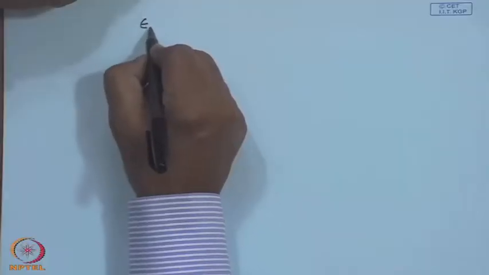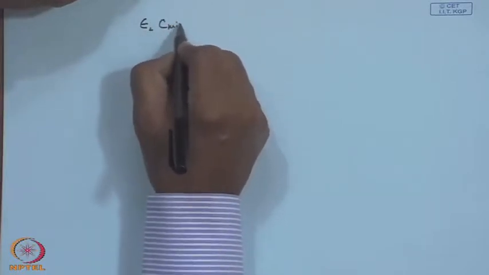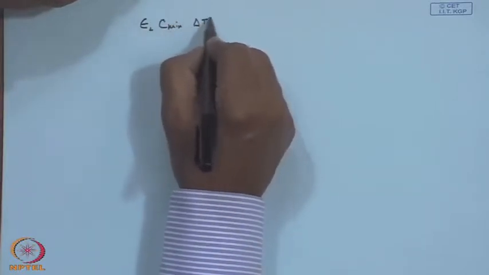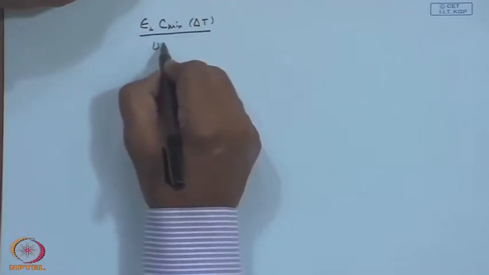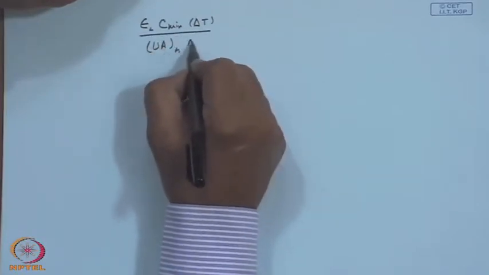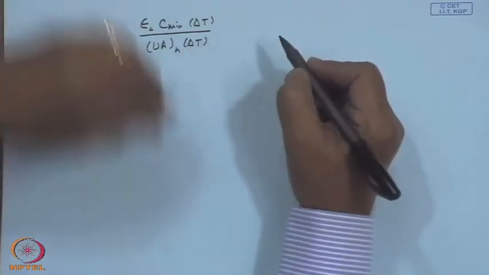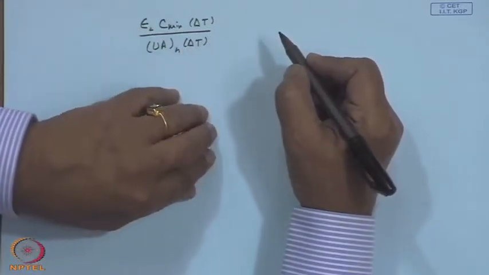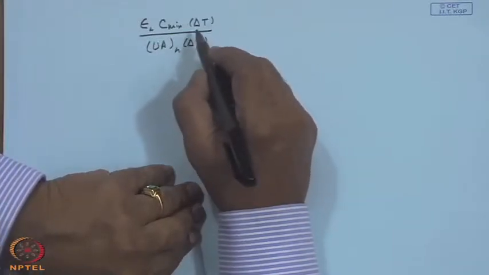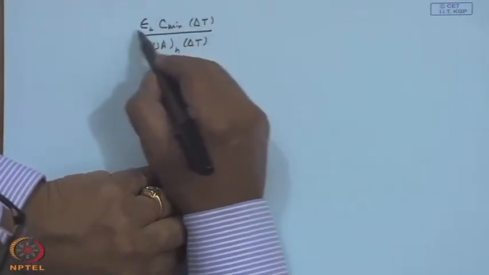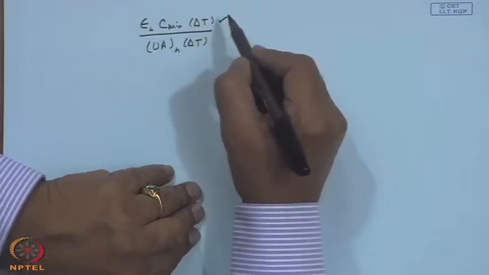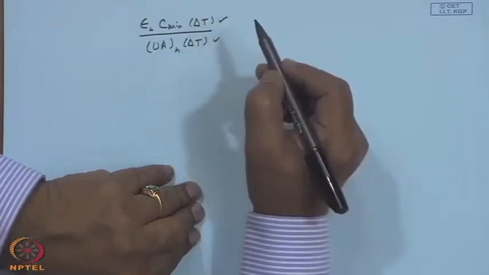First of all, if I put epsilon L C minimum and some delta T by UA H times some delta T, note that the delta T relevant for calculating the space heating load is not the same as the delta T across the heat exchanger, but dimensionally one can draw some comfort that this is the ratio of the capability of the heat exchanger to transfer a certain amount of heat to the amount of heat that needs to be transferred.